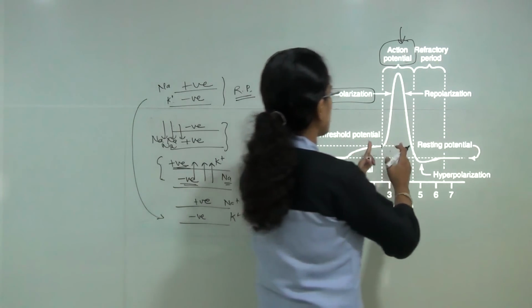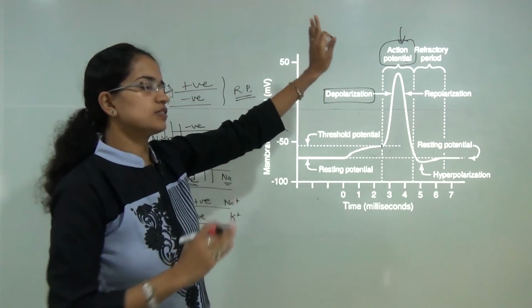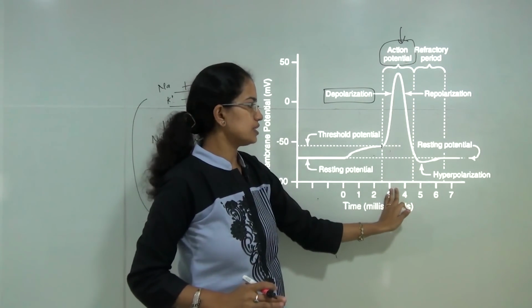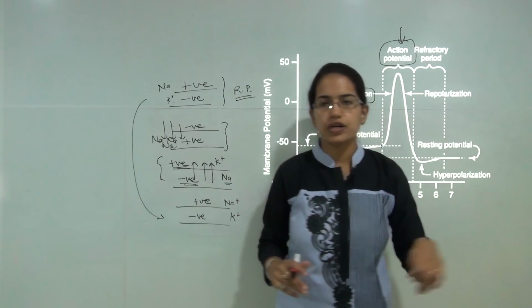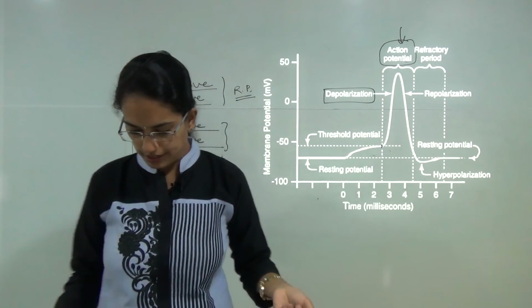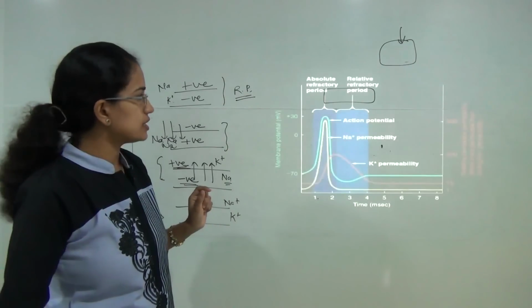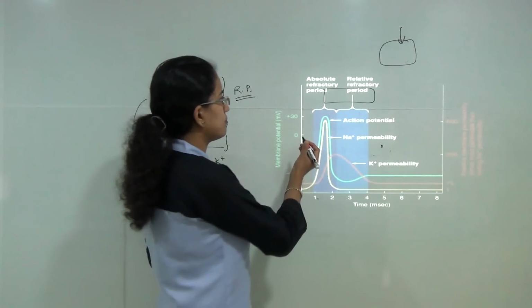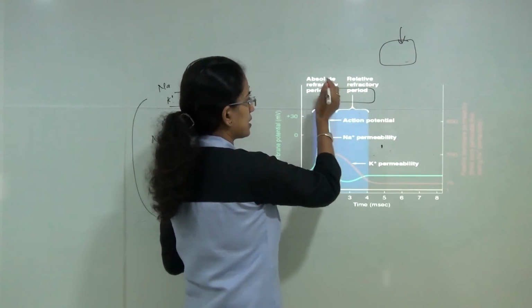So this phase of polarization, depolarization and repolarization is what is known as action potential. Then you would have a refractory period where hyperpolarization would occur. Now you have the absolute refractory period and the relative refractory period.